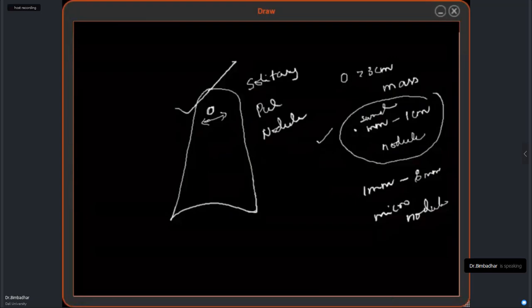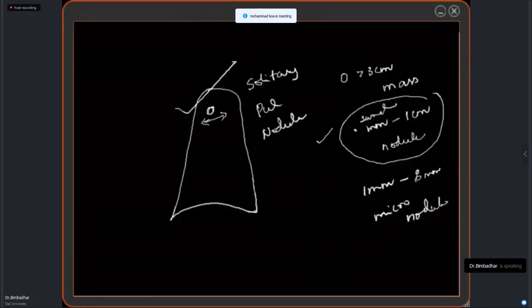I can tell you one thing: you cannot call the Ghon complex a solitary pulmonary nodule. Generally we don't call it that way, because the size of the Ghon focus depends on the amount of granulomatous reaction going on within the lungs. You cannot call a Ghon complex a solitary pulmonary nodule.